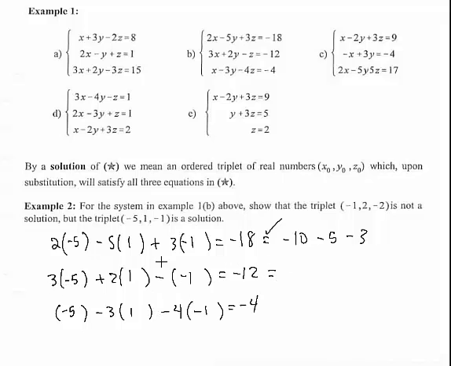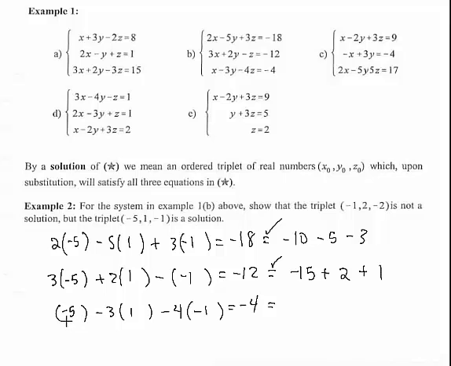Next equation, we have 3 times a negative 5 gives us a negative 15. A 2 times a 1 gives us a plus 2. And then a negative times a negative 1 is plus 1. And so negative 15 plus 3 does give us a negative 12.